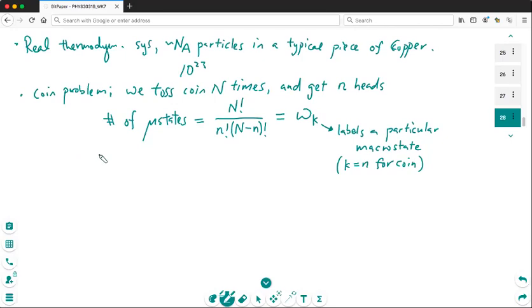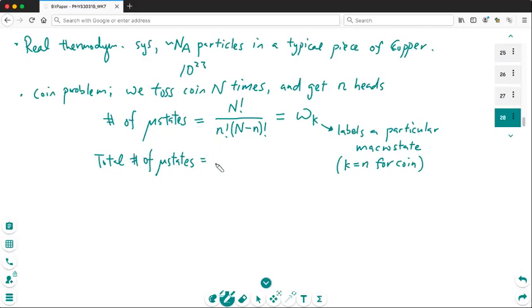Okay, and then the total number of microstates corresponding to all macrostates requires me to do the summation.